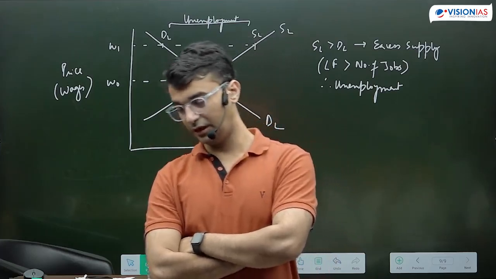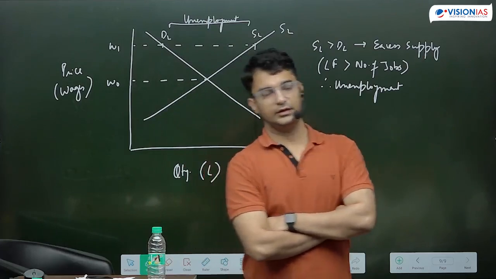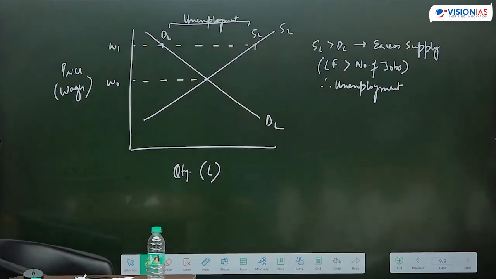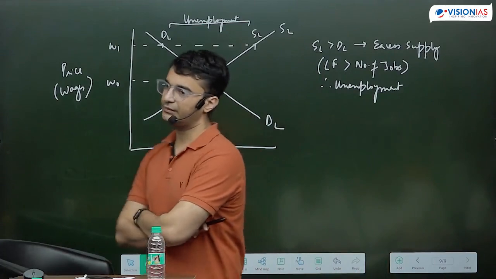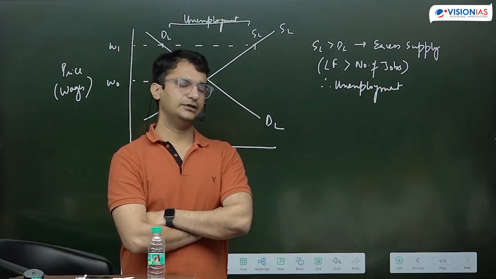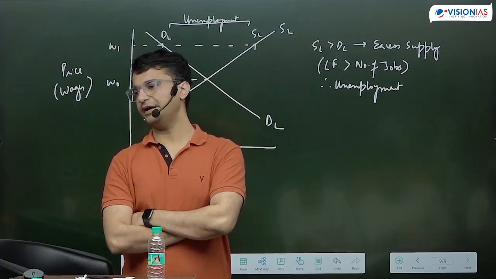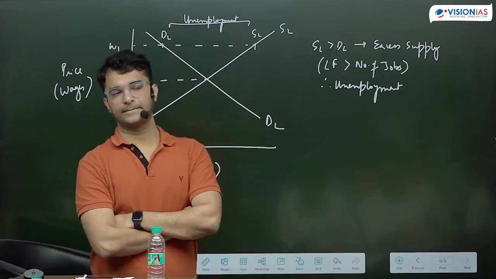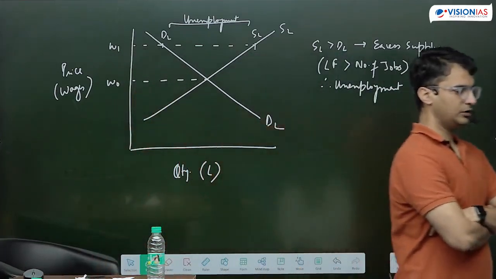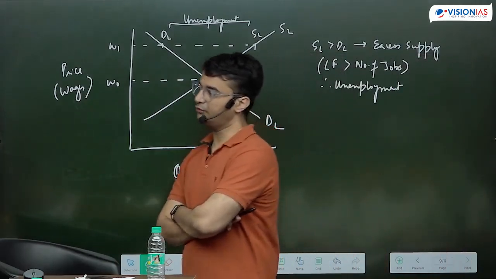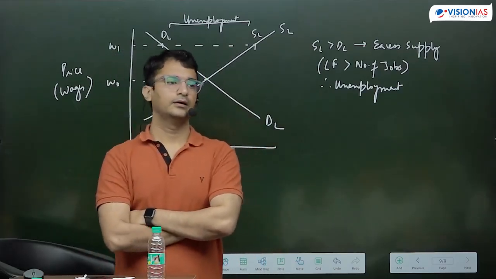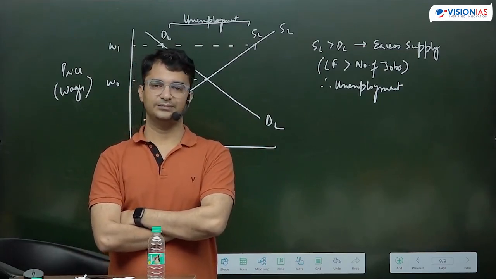In the next paragraph, however, if for some reason wages are prevented from adjusting downwards, or fail to adjust, we would have a permanent situation of excess supply over demand.